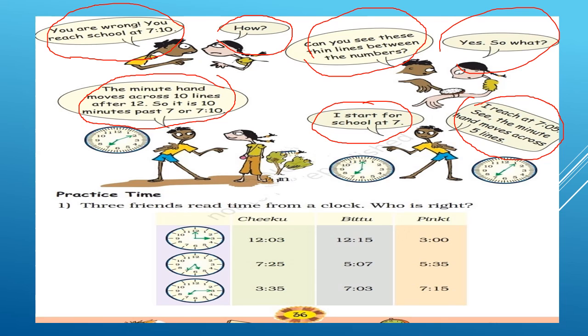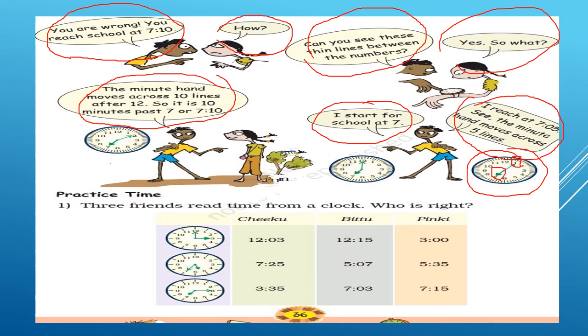Here you can see in this clock the hour hand lies at the point 7 and the minute hand is in 1. 1 means here 5.